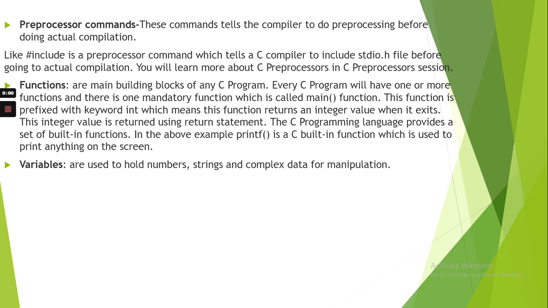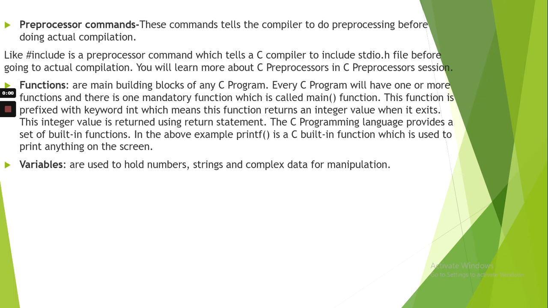So for example, when we said hash include stdio.h, that means the compiler is going to include the header file stdio.h to our program during the compilation process. This file has some basic functions which are used within our program. For example, we have basic functions such as printf and scanf. So if you want those functions to be included within your program, you're supposed to include this line, hash include this file. So that is the first line.